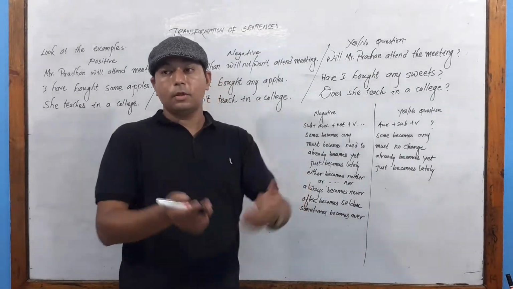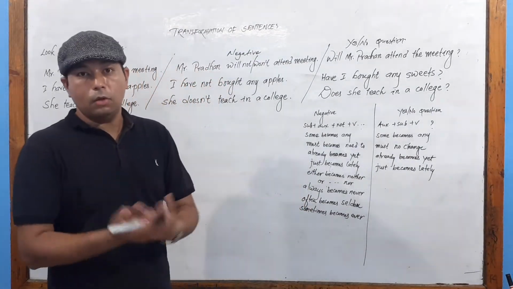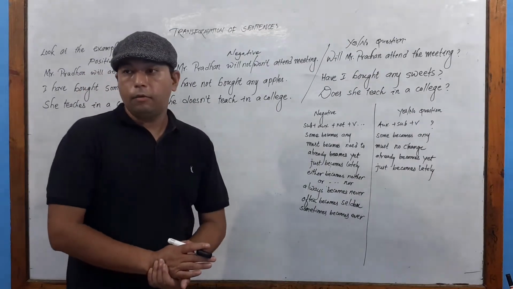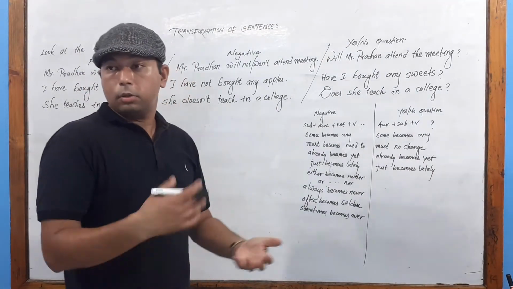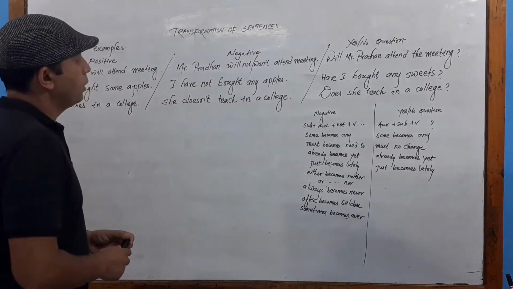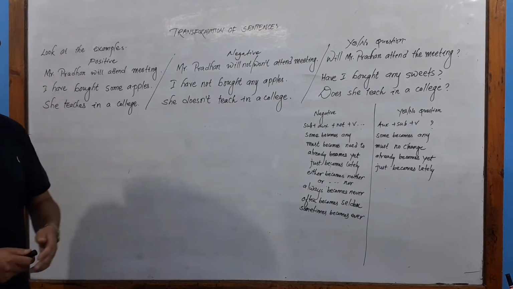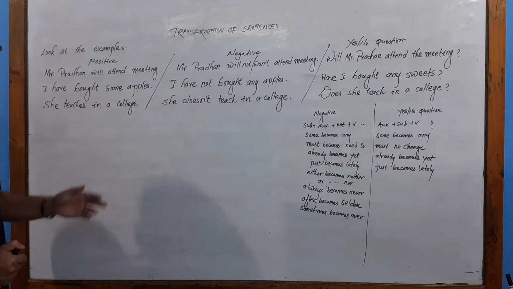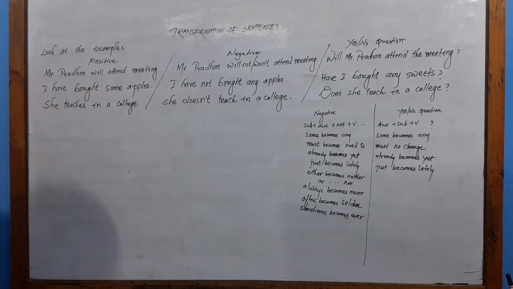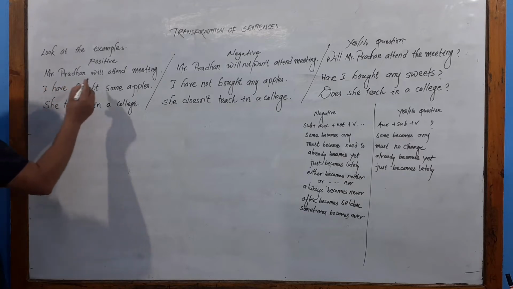Okay, there are a few rules, a few techniques. If we know them, then it will be very easy to convert the sentence into negative or yes no question. Look at here. Mr. Pradhan will attend meeting. So simple future tense is used here.